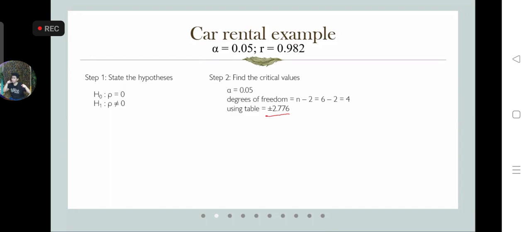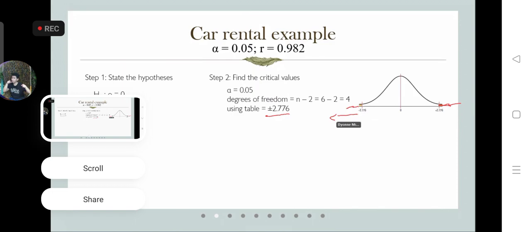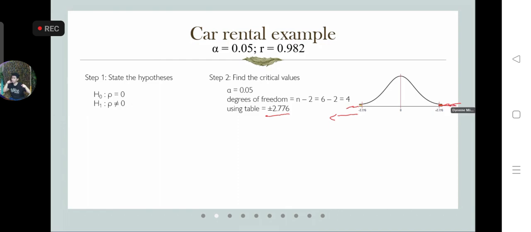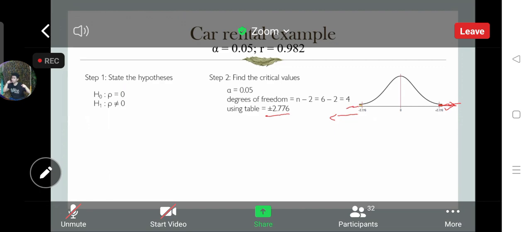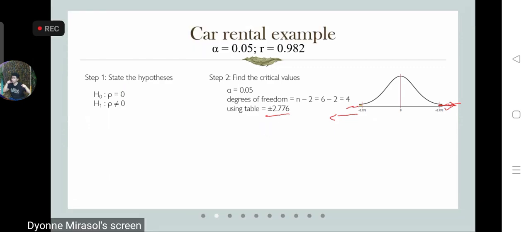If we graph it on our distribution, anything that is less than negative 2.776 is covered by our critical region. Anything greater than positive 2.776 is still covered by our critical region. Any questions? If there are no questions, I will proceed.